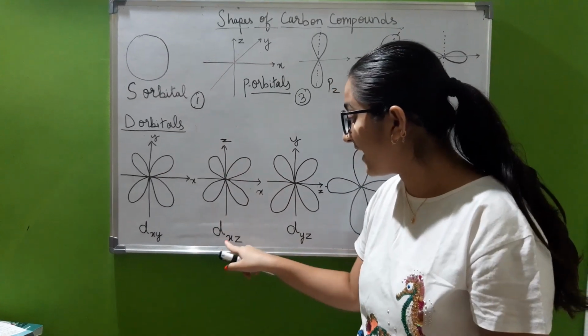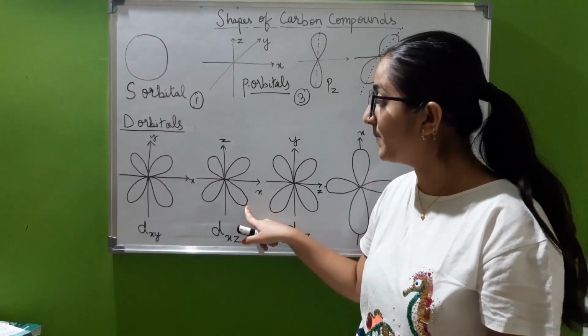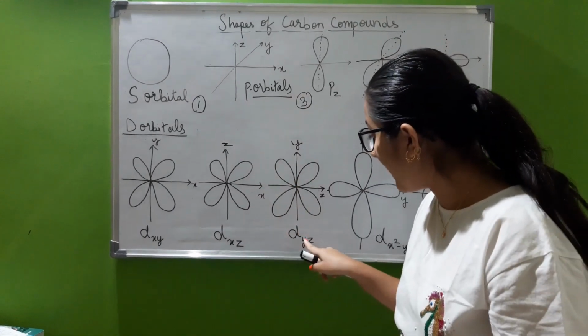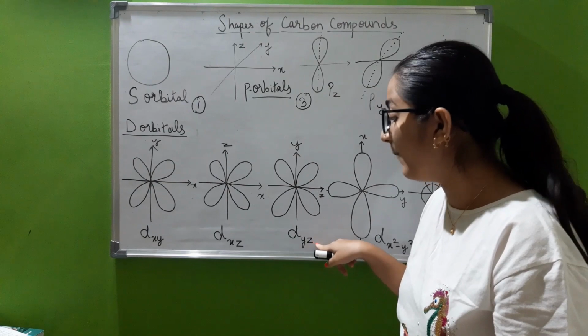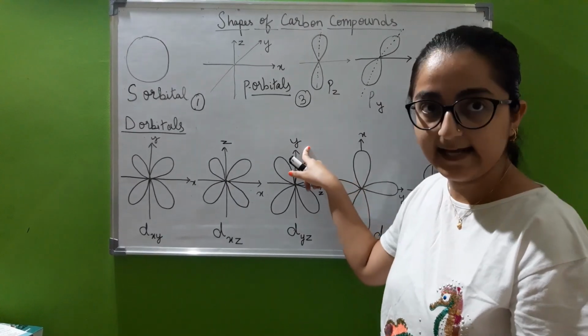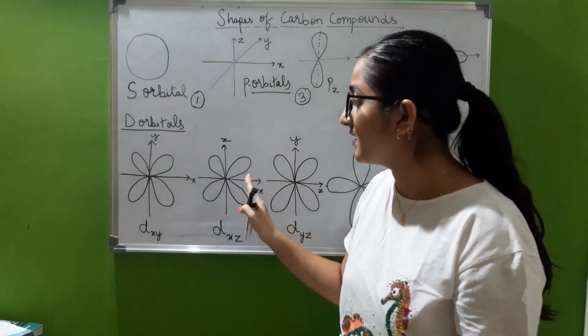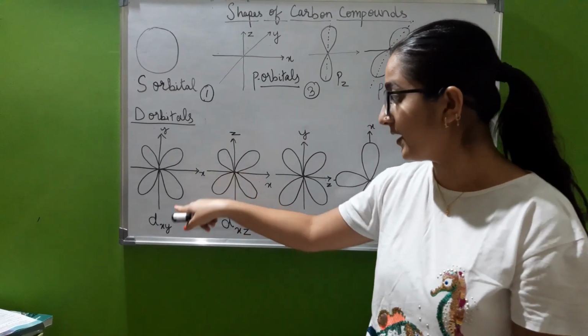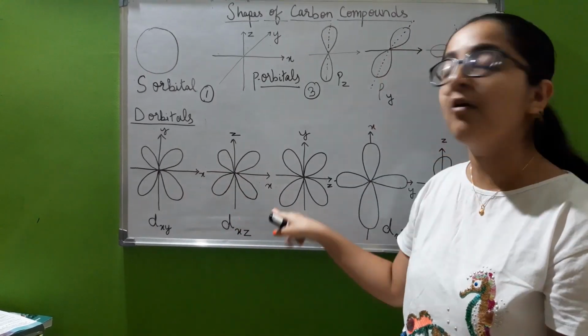In dxz, the orbitals pass through the x and z plane. In dyz, the orbitals pass through the z and y plane. Here you can notice that no orbital is passing through the axis, so these three don't form any kind of node.